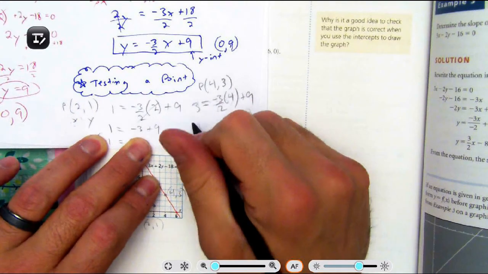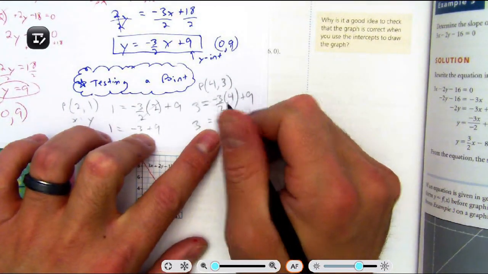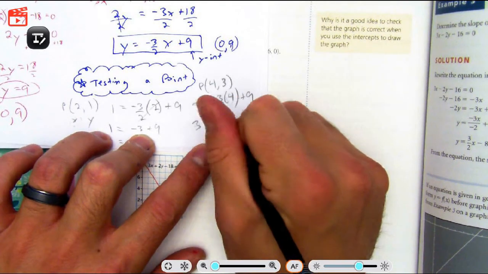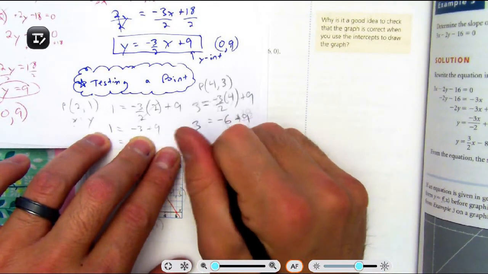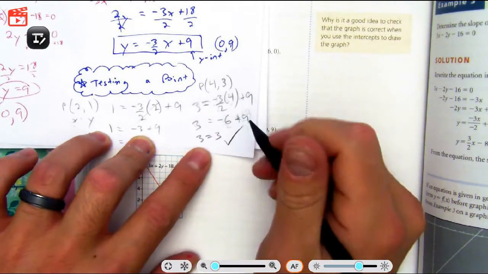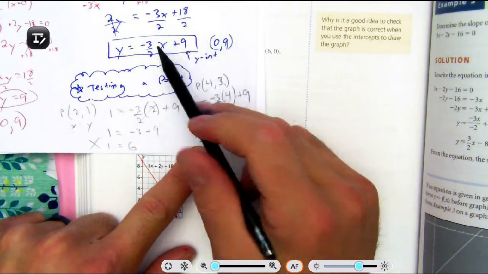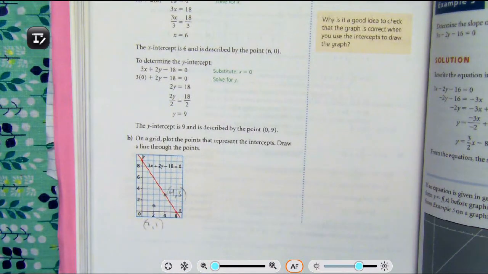Okay, cool. So we're going to see if the left-hand side matches the right-hand side. This is going to give you a negative 12 over 2, which is just negative 6. And negative 6 plus 9 is 3. So 3 equals 3. The left-hand side matches the right-hand side. We see clearly (4, 3) satisfies this equation. That means it's on that line. Cool. So I just want to throw that in there as a bit of a review skill.